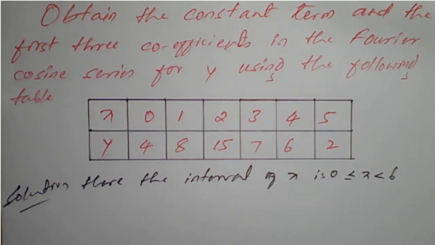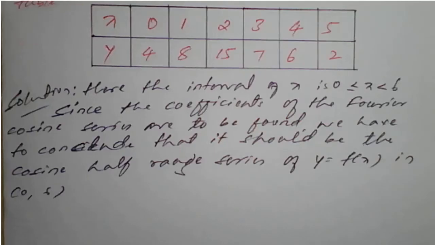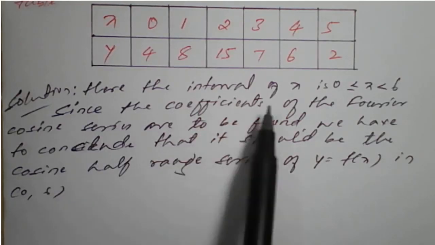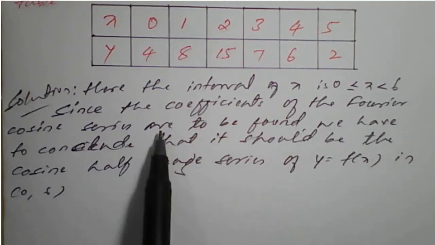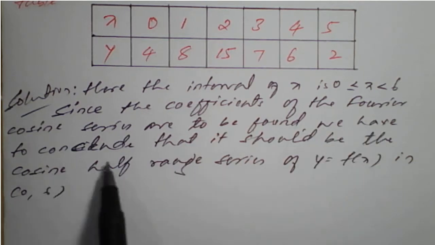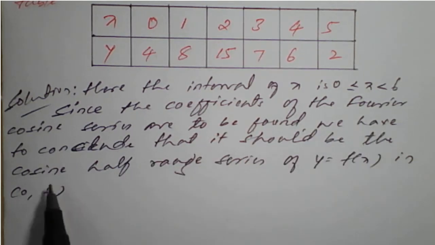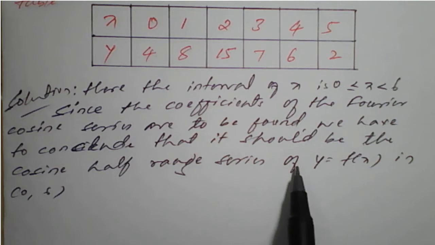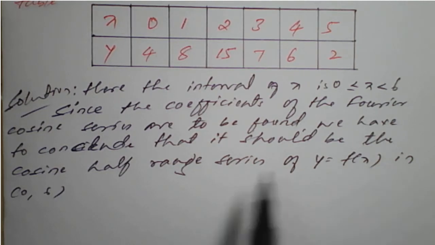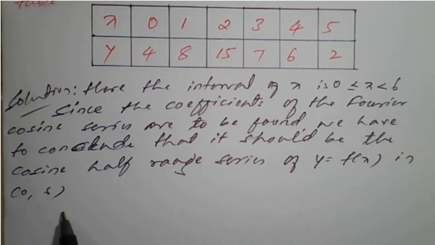So I can say that since the coefficients of the Fourier cosine series are to be found, it should be the cosine half range Fourier series of y equal to f of x in the interval 0, 6.